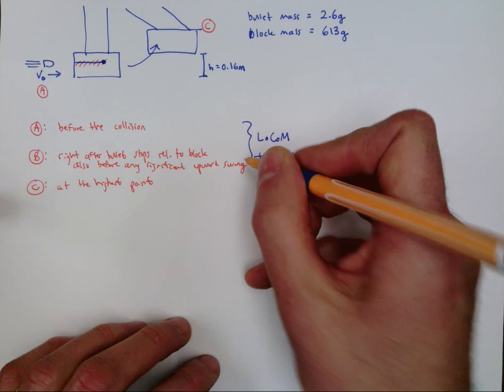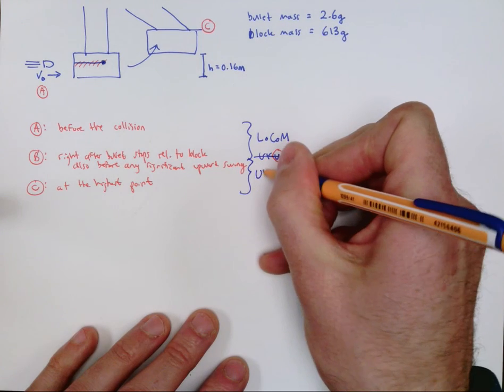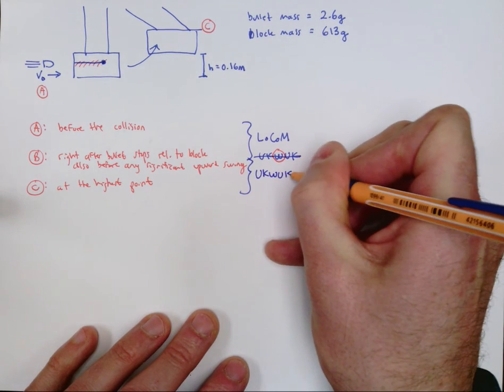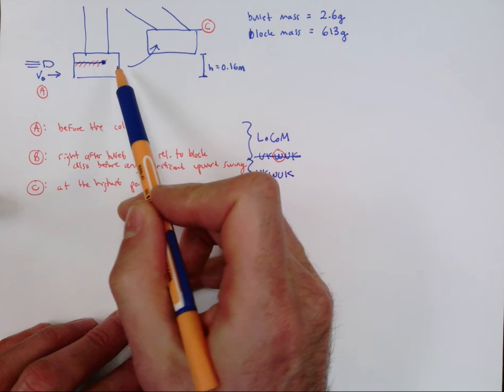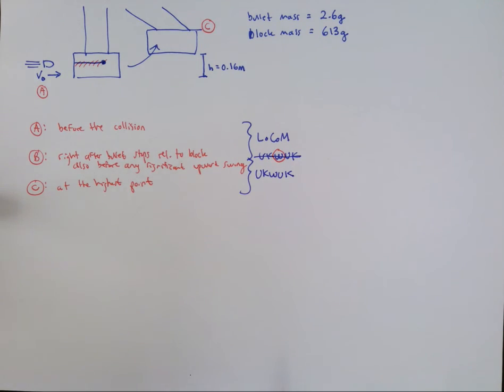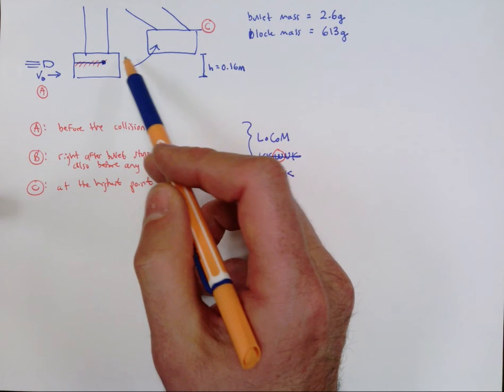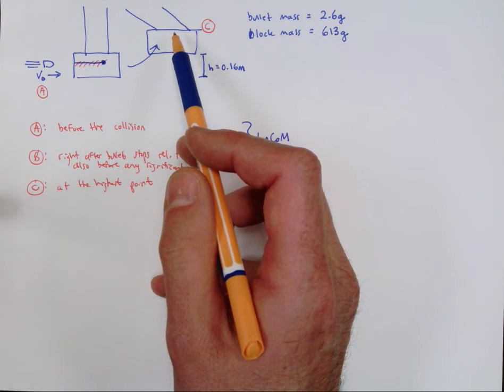However, between point B and point C, it's the exact opposite situation. We can use the law of conservation of energy because the collision's over. The non-conservative force is in the past. Now it's just swinging upward. So the only significant force that's acting on it is gravity. Gravity is a conservative force. And so the energy that it has right after the collision is going to be the same as the energy that it has at the highest point.